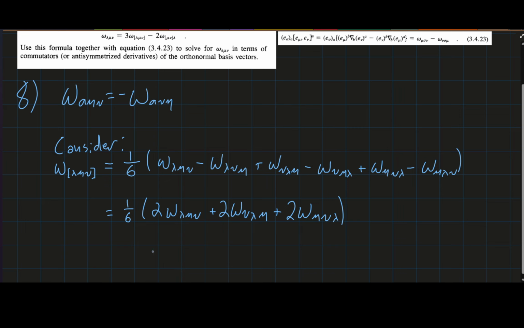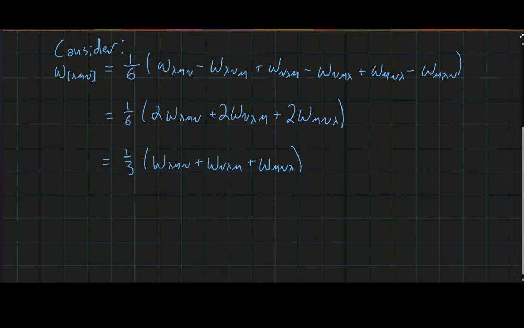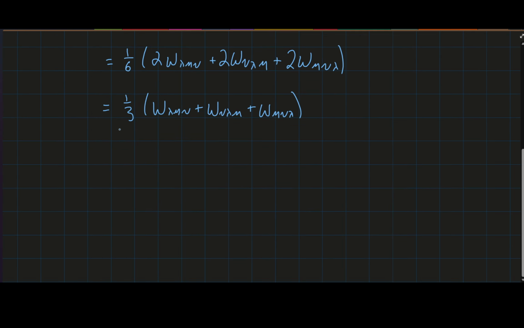So we can pull those 2's out, and this ends up being 1/3 of omega lambda mu nu plus omega nu lambda mu plus omega mu nu lambda. Okay, so that's fine. I'll just remind us what we're actually calculating here. This is omega anti-symmetrized over lambda, mu and nu.